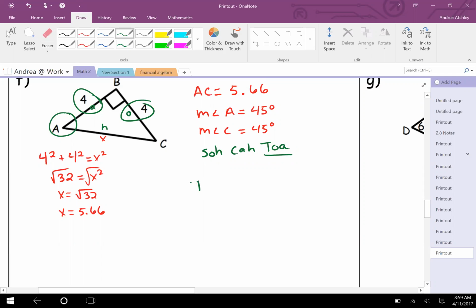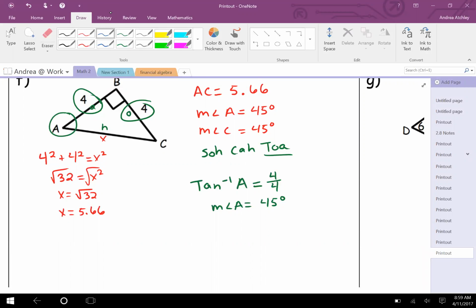So I use my inverse trig functions. Tangent inverse of angle A equals my opposite of 4 over my adjacent of 4. I plug that into my calculator, and that tells me the measure of angle A equals 45.